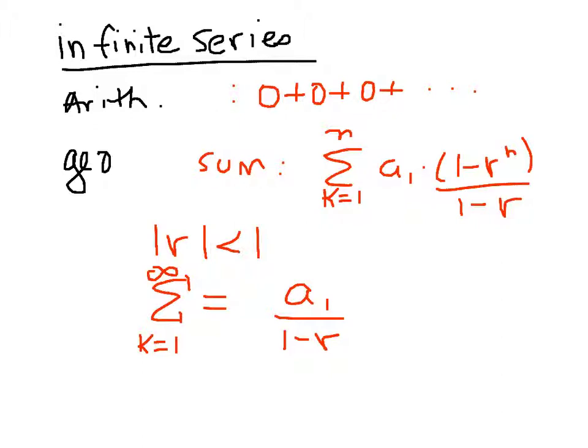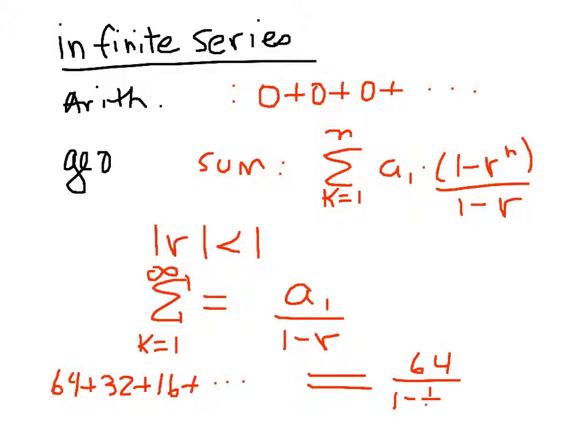So a quick example would be 64 plus 32 plus 16, and so on. An infinite geometric series will converge to the first term divided by 1 minus, in this case, a half. And that turns out to be 128.